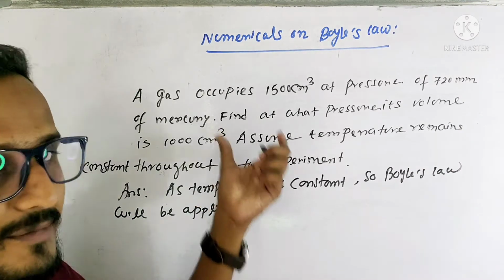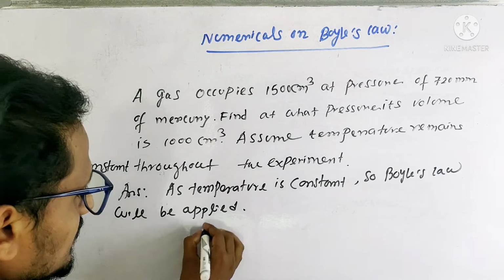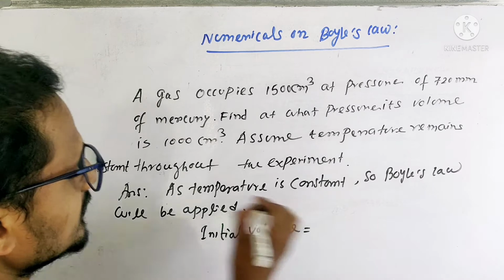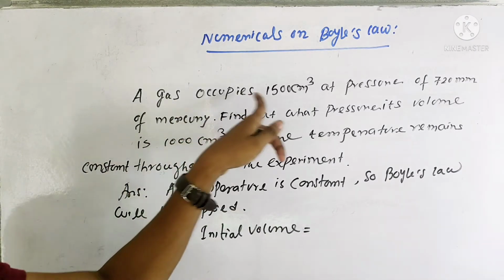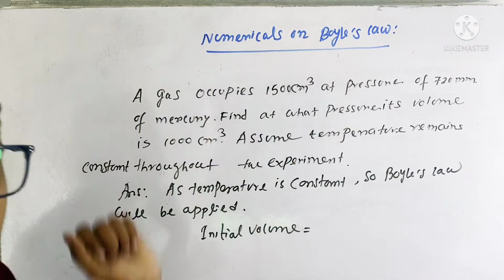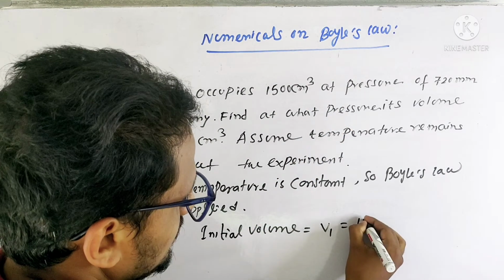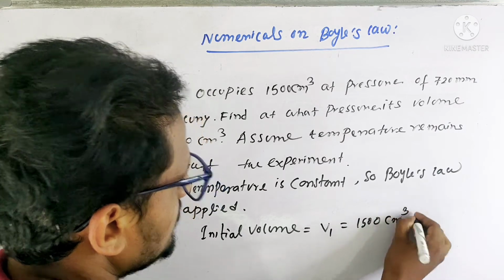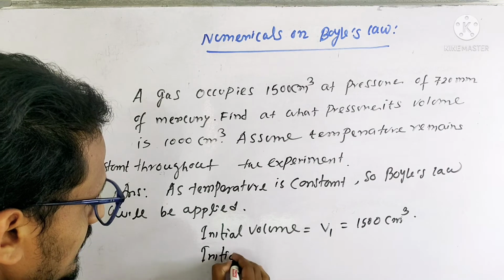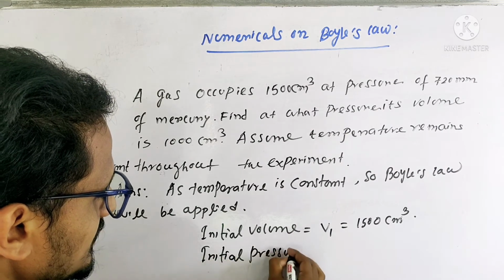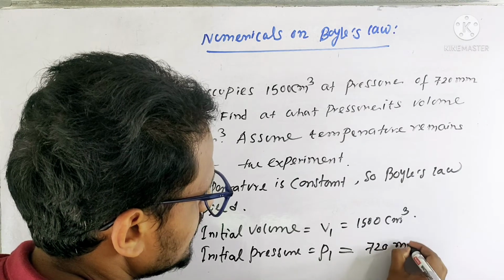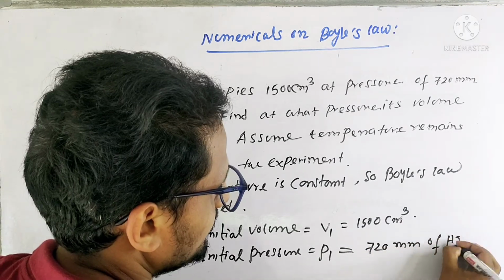Now what parameters are given here? We have to write the initial volume. A gas occupies 1500 centimeter cube, so it is the initial volume, V1, 1500 centimeter cube, at pressure, so it is the initial pressure P1 equals 720 millimeter of mercury.